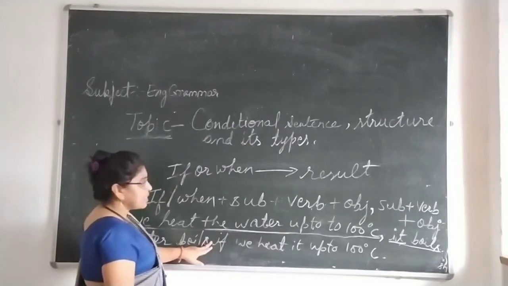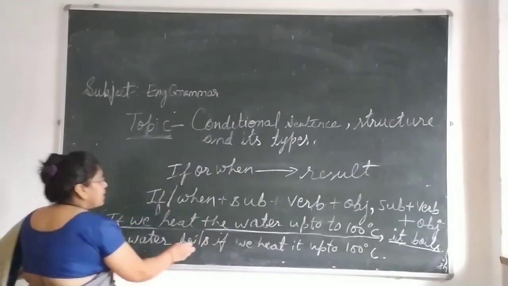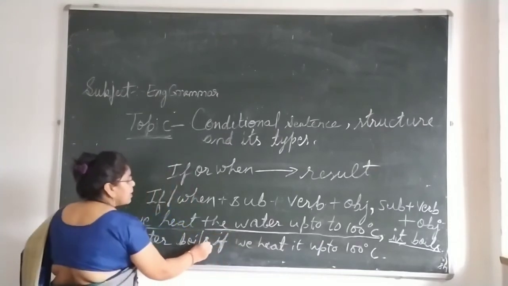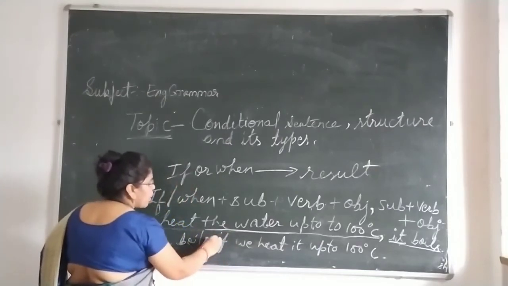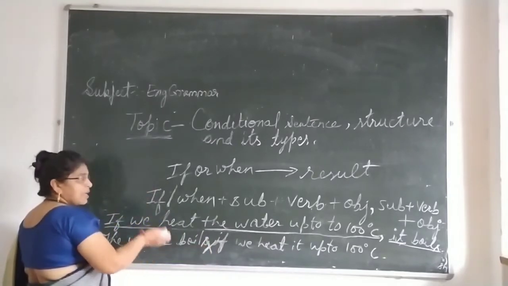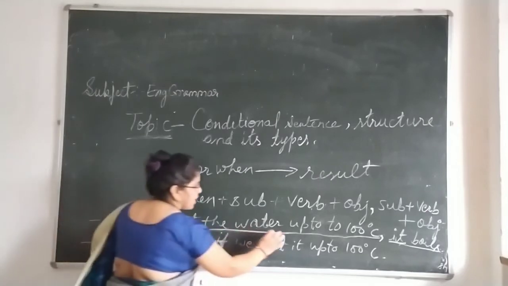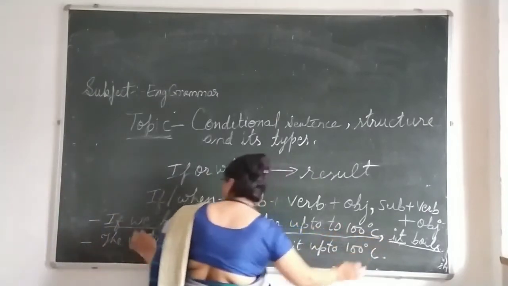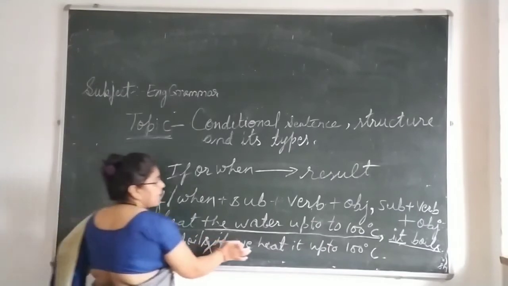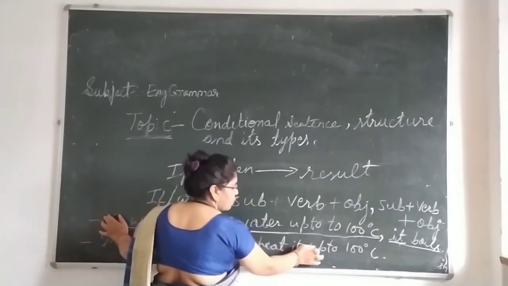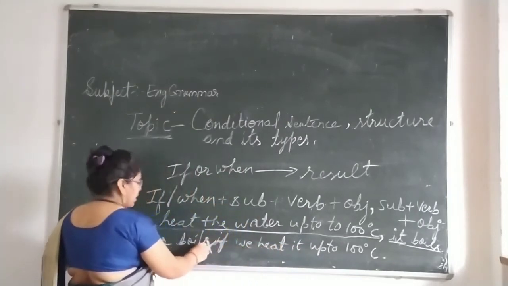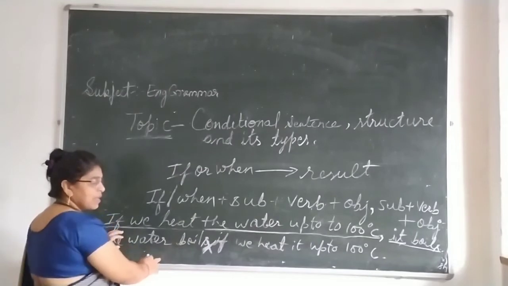Comma is not at all necessary here because conditional sentence, if it is coming in the second part of the sentence, then comma is not at all required. Always remember, if you are converting the same sentence and taking the second part in the beginning and the conditional part is coming to the second part of the sentence, so comma is not at all required. The meaning is same. Clear?